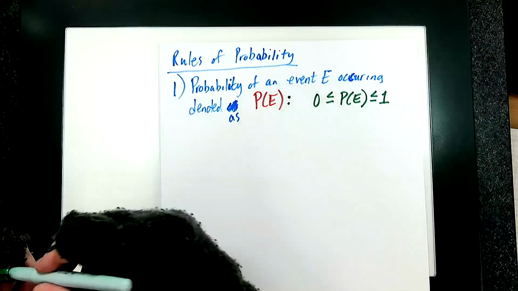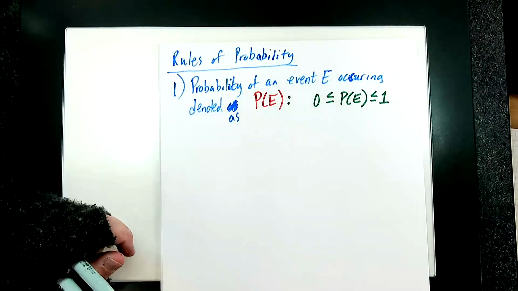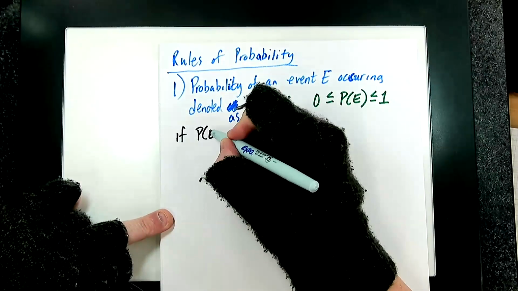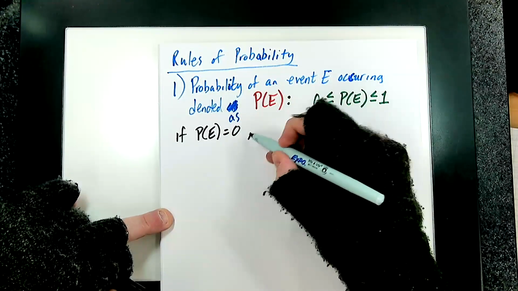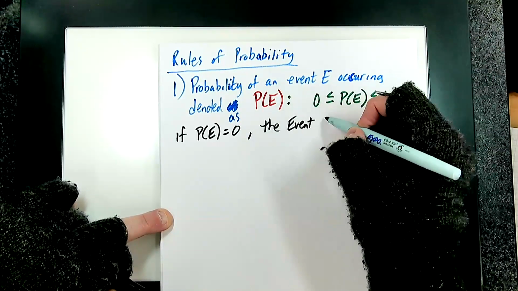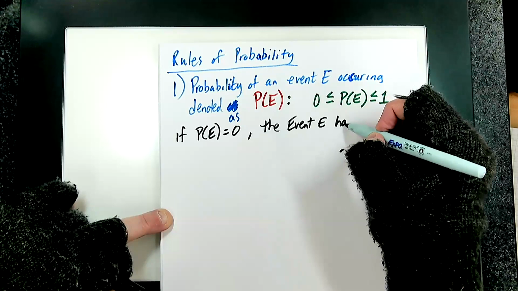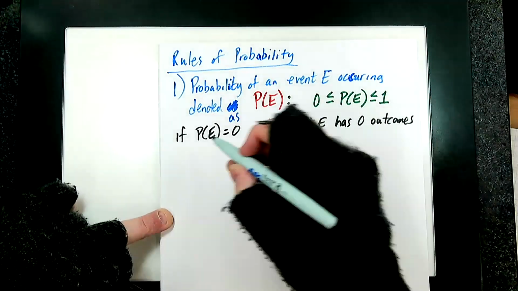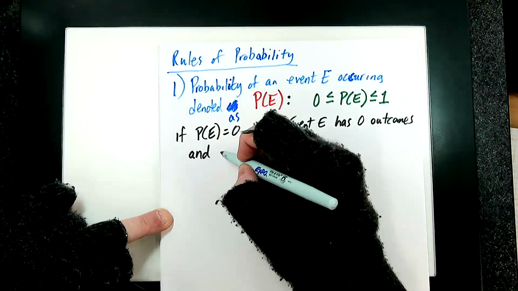Where if the probability of E equals 0, the event E has 0 outcomes and is thus impossible.